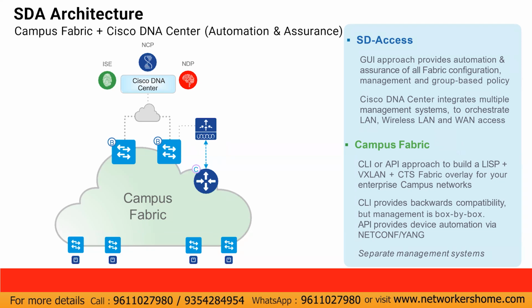One is not aware of the other, just to keep isolated traffic. Example, guest network. You don't want your guests to interfere into your campus network and know what exactly is running. A guest may be an intruder as well, right? So this is where macro segmentation comes into picture.